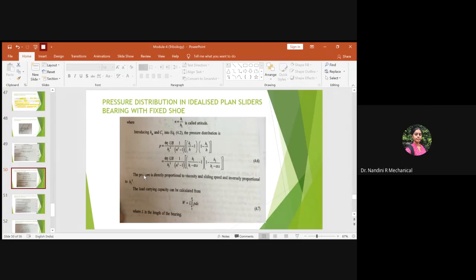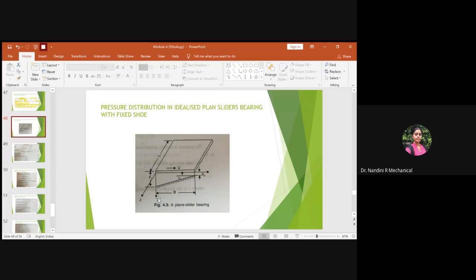So this is the substitution of the value of HM and C1 into the pressure distribution, right? Then the claim given is that the pressure is directly proportional to the viscosity. That you know. It depends upon the lubricant you are using. If we go back to the diagram here, you have a layer of lubricant. It will be having certain viscosity.